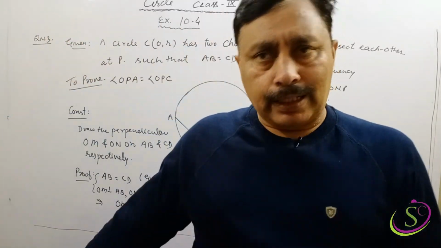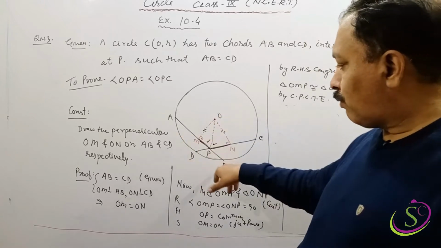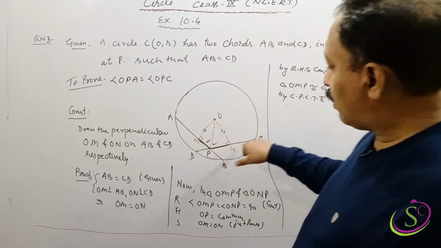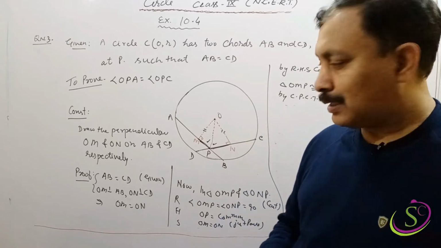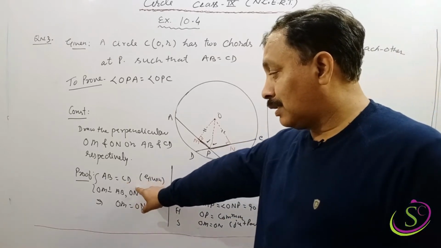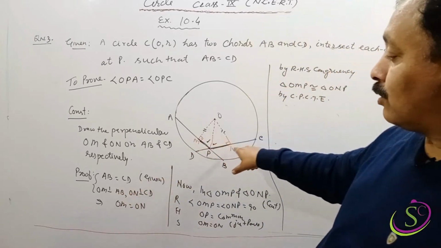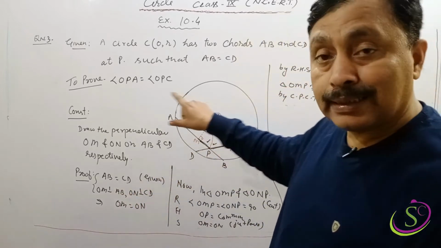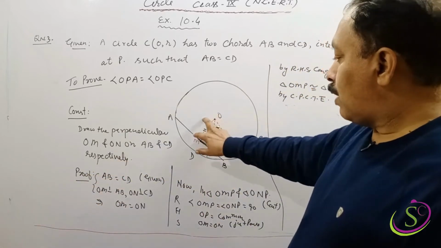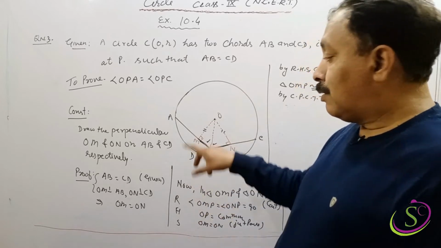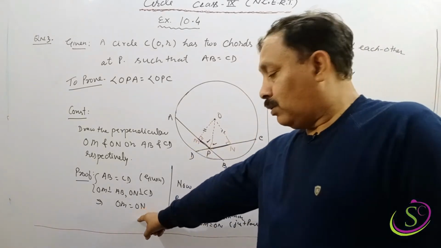So here AB and CD both the chords are equal. OM perpendicular to AB and ON perpendicular to CD. So AB equal to CD, and OM and ON are perpendicular, means the distances of these two chords from the center are OM and ON. So these distances OM and ON are equal because both the chords are equal. So OM equal to ON.